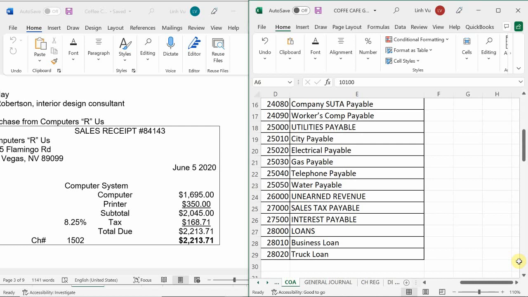So what is sales tax payable? It's a liability, right? It means I'm owing money, right? So why am I owing the government money when I'm paying them right now? So remember, this one is only for when you're collecting money for sales. Okay. So there is no sales tax.